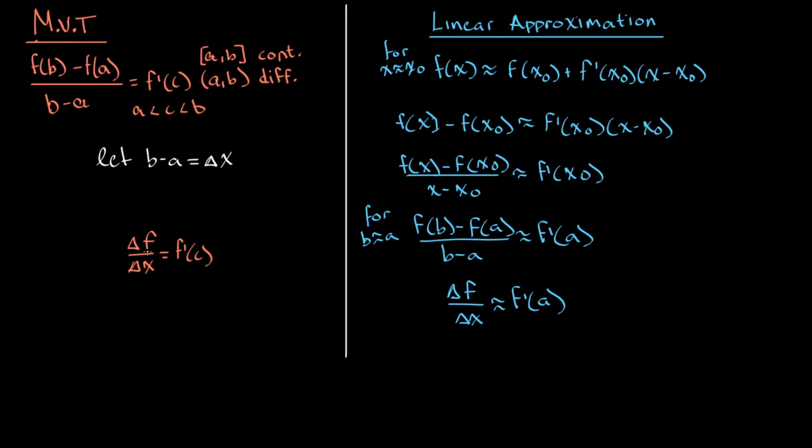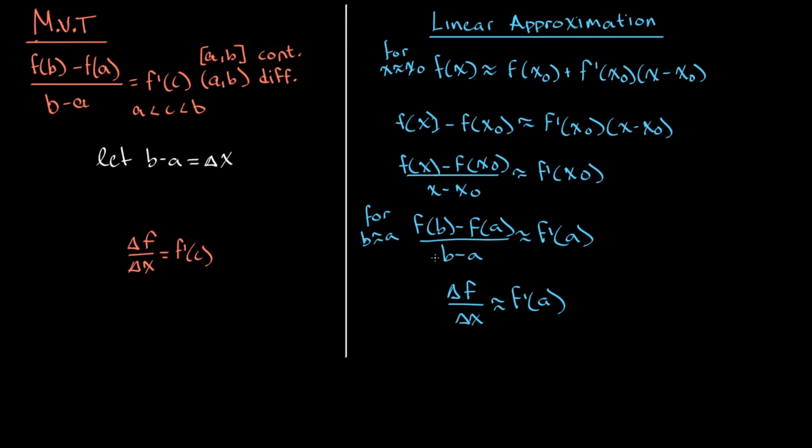So if your average speed is 60 miles per hour for a car trip, at one time during that trip, you're going to be going 60 miles per hour. That's what the mean value theorem is saying.